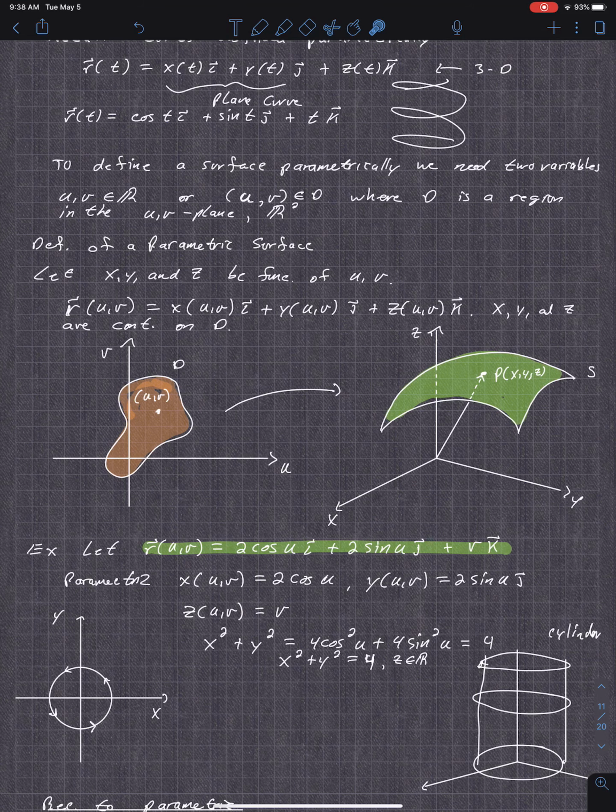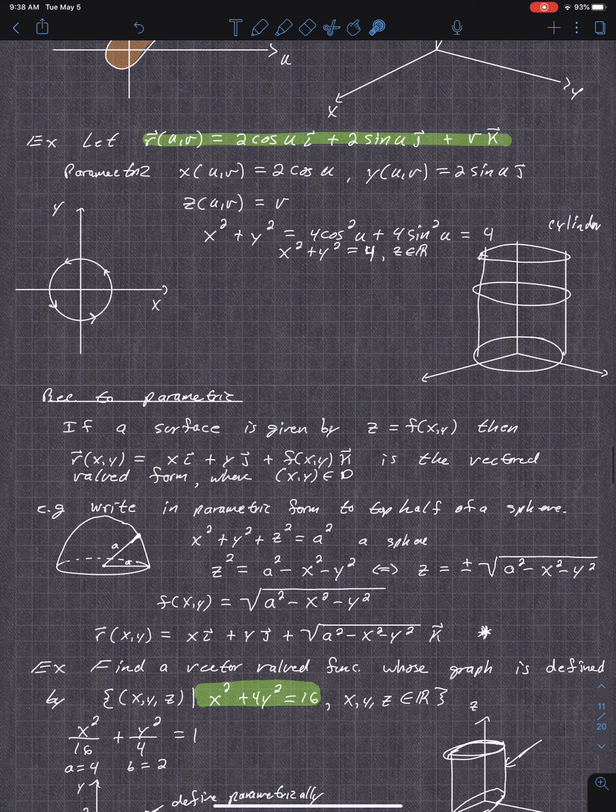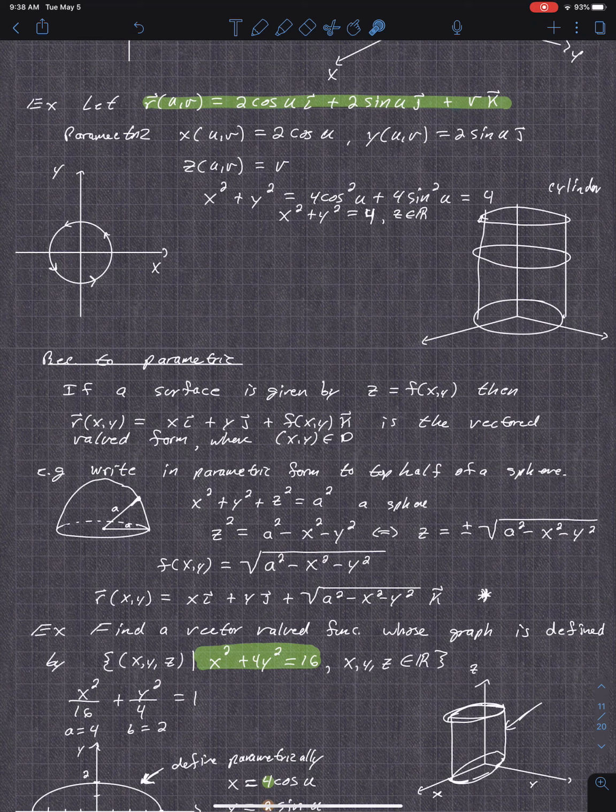So let's take a look at this next example. This we did earlier with this v being the same variable u. We called it t. So when we first talked about it, we had u as a t, the same variable, t, t, and t. So what that gives you is basically the helix. Okay, because that's the circle, radius 2.